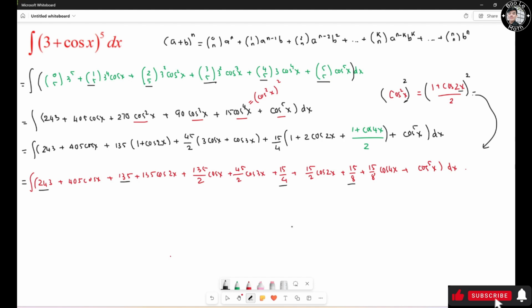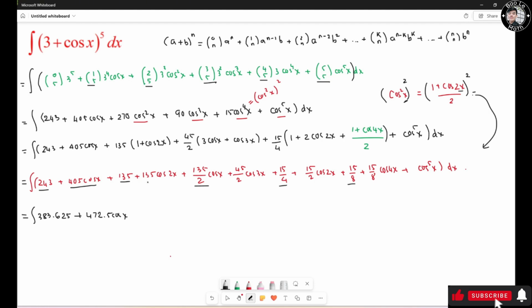This guy turns out to be 383.625. Now next one, 405 cosine of s combined with this guy turns out to be 472.5 cosine of s.